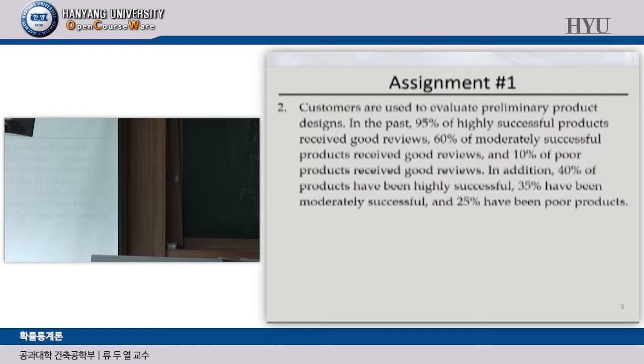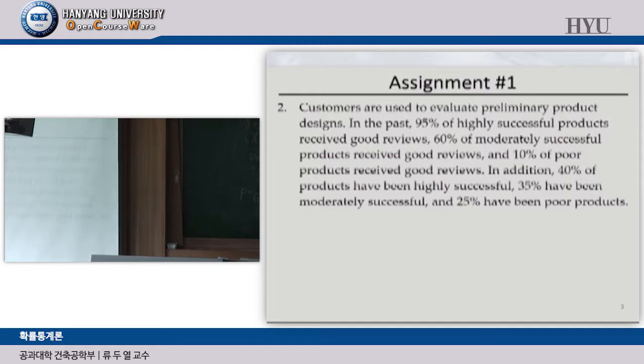In addition, 40% of products have been highly successful, 35% have been moderately successful, and 25% have been poor products.